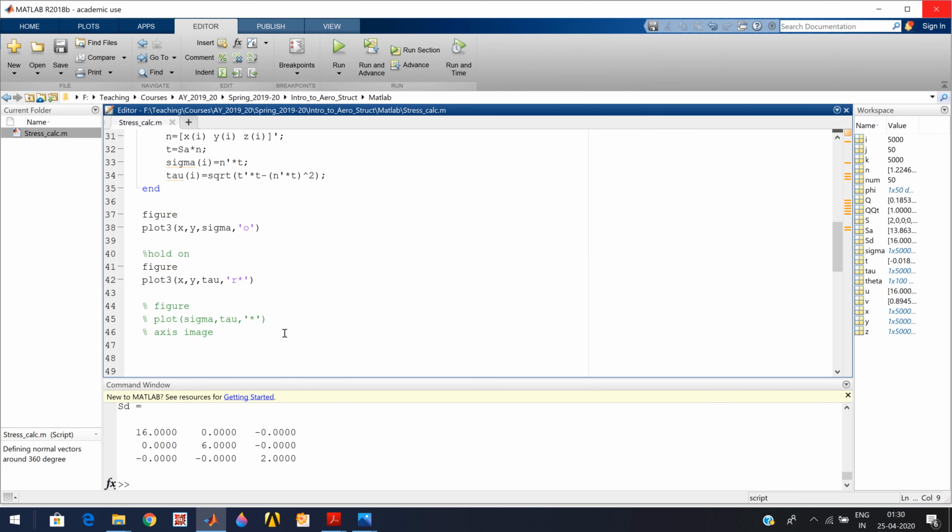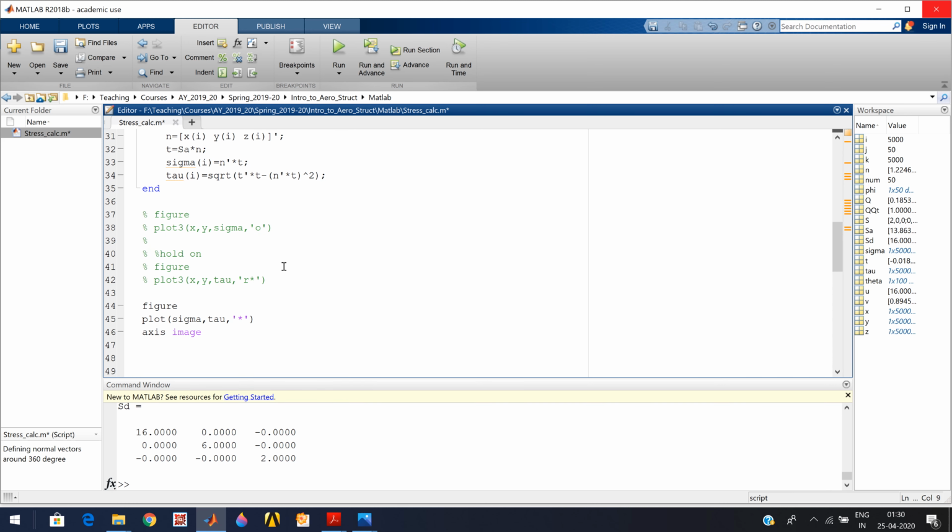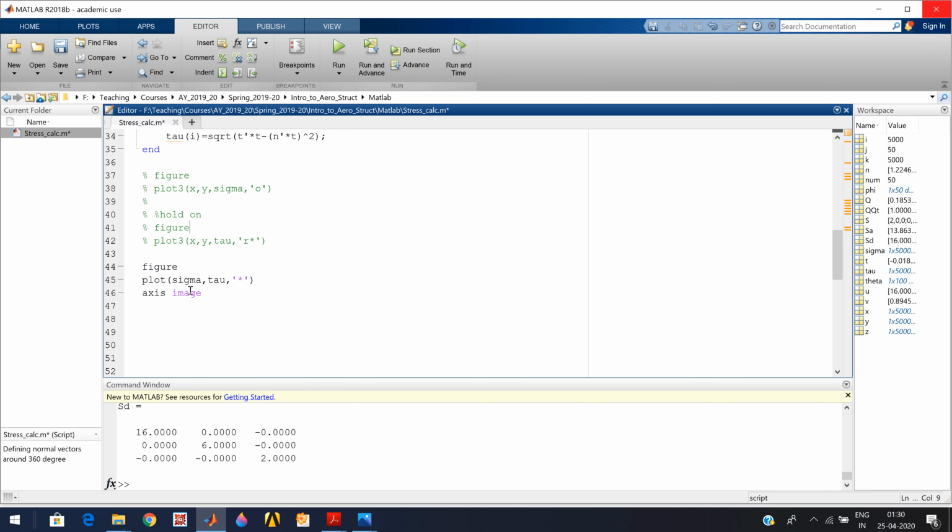Now let me plot the third one. In this third figure, let me just comment out the previous ones, already done. Here I'm trying to plot sigma versus tau, so x-axis sigma and y-axis tau. Whatever sigma and tau I have got, for each sigma I plot what is tau.